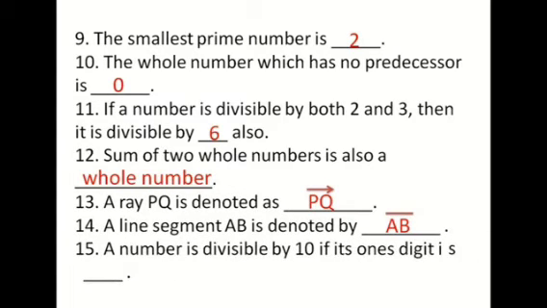Next, 15th one. A number is divisible by 10 if its ones digit is 0. Complete all the fill in the blanks. I'll give you some more. 16th one. Repetition of a Roman numeral means. What is that?